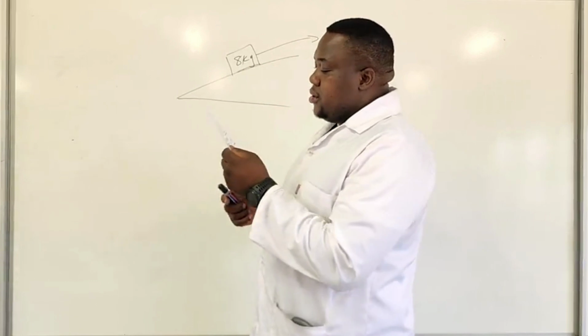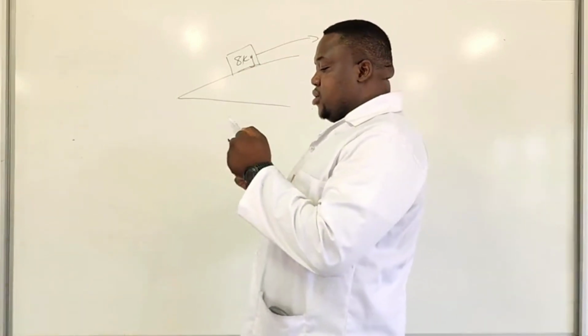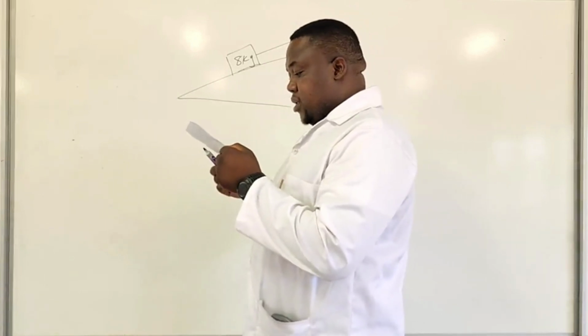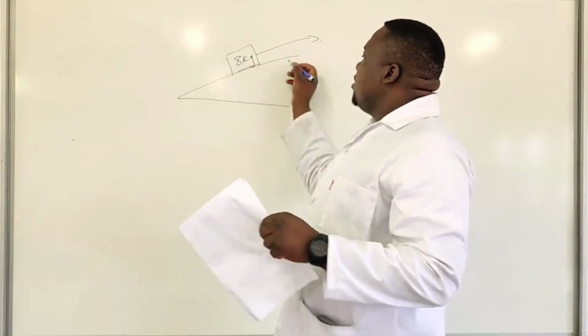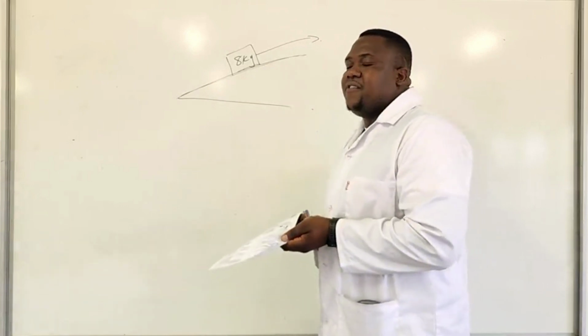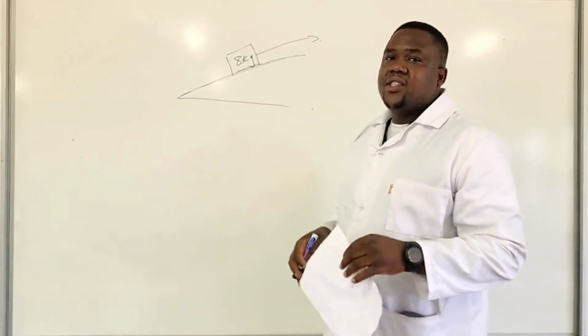Okay. Draw a free body diagram for that. So I'm interested in drawing the free body diagram. We know that there is a frictional force here. How do we know? It's because we are told that it's a rough surface. A rough surface means that there is a frictional force.